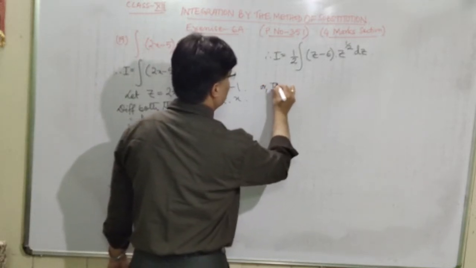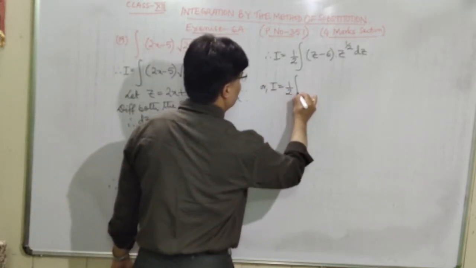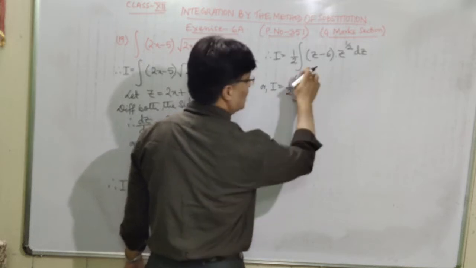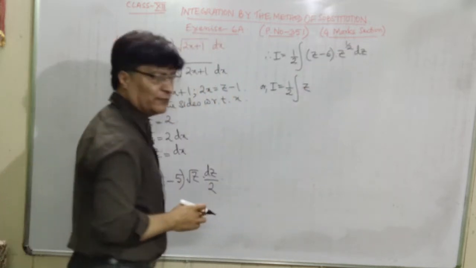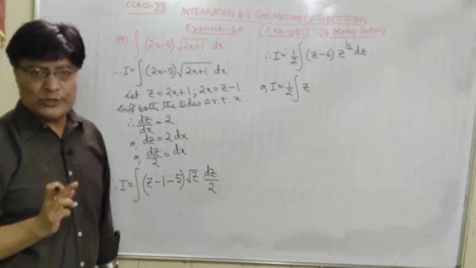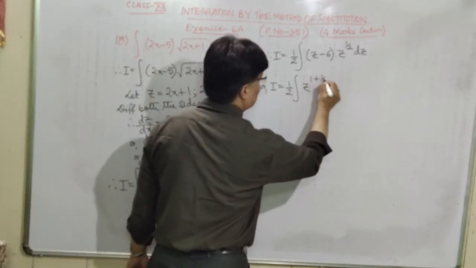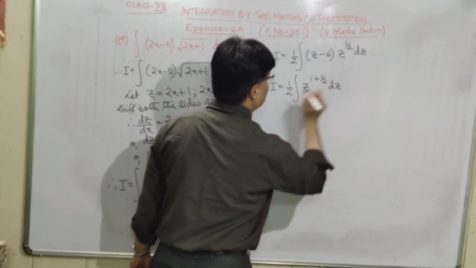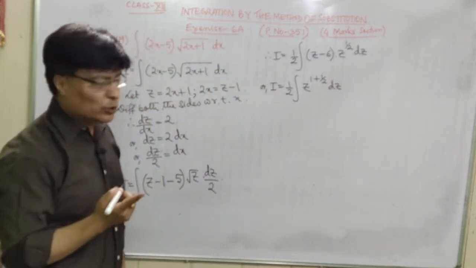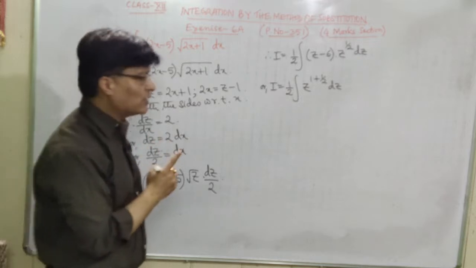Now you can multiply it. Half integral of z into z to the power half; if you multiply these, powers will be added, so it will be 1 plus half, dz. We are separating this integral sign in dz also.